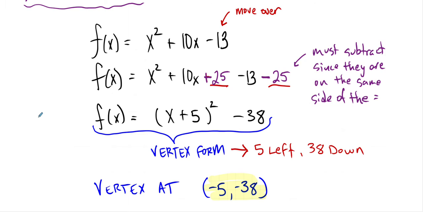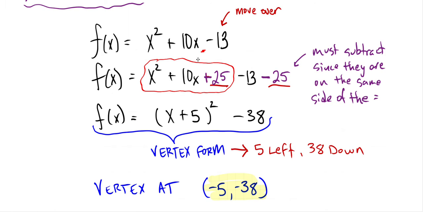So rather than adding it to the other side, we kind of just ignore it. We just push it over to the side and we just don't use it at first. So we're just gonna create a space right here and push the minus 13 over. And then with that space, we're going to complete the square.